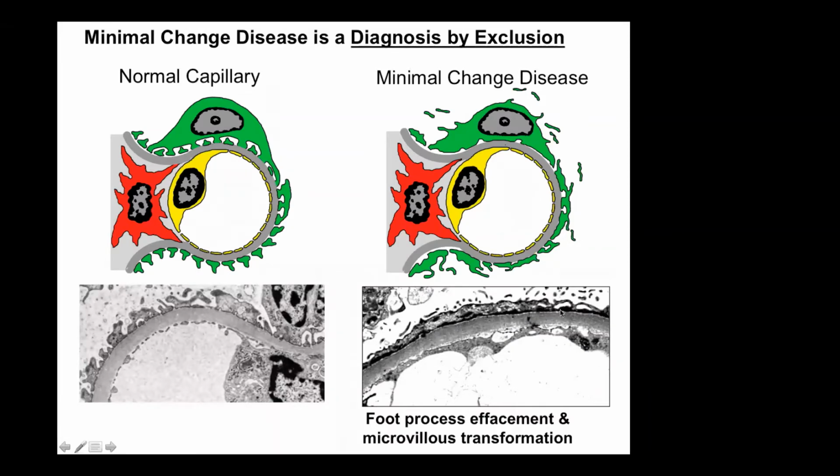Focal effacement goes more with focal segmental glomerulosclerosis that was not sampled in the material we had. It goes more with focal segmental glomerulosclerosis rather than minimal change, because minimal change needs global and diffuse effacement of the podocytes. Global means more than 50%, and diffuse in most of the sampled glomeruli.